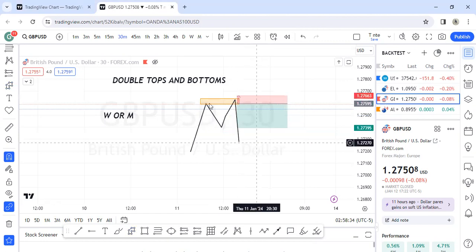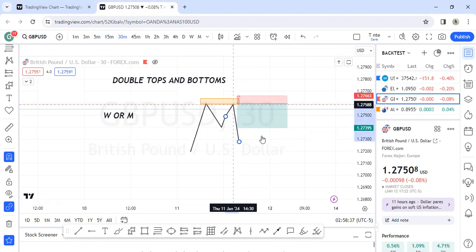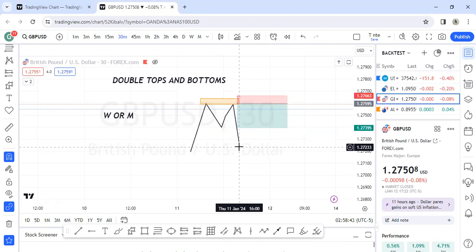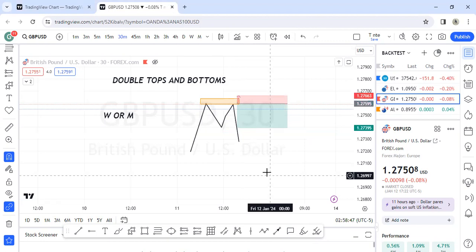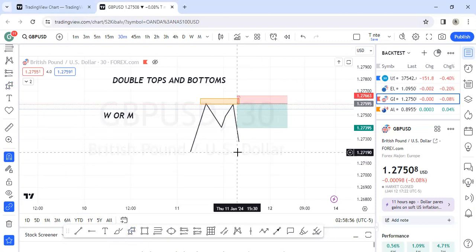Now, this is what a classic double top trader is expecting. He expects the market to come to that previous area of rejection before rejecting and then selling down. That's why I call it an M pattern. Then, for someone that is bullish, the person is looking for what? A W, right? Let me just take it to this side.